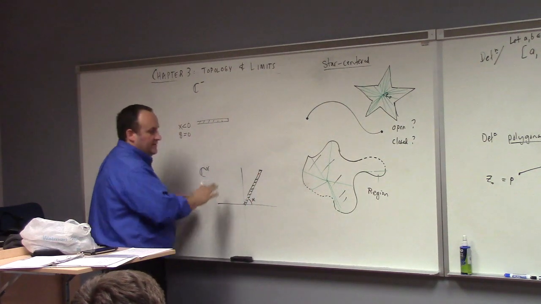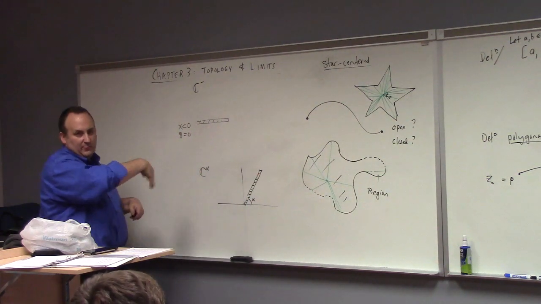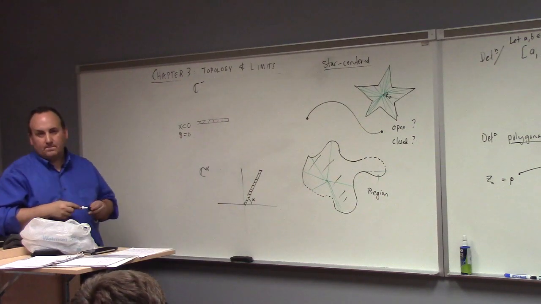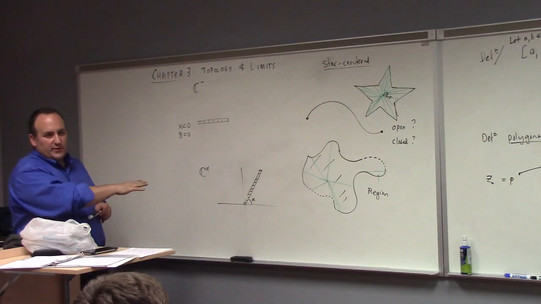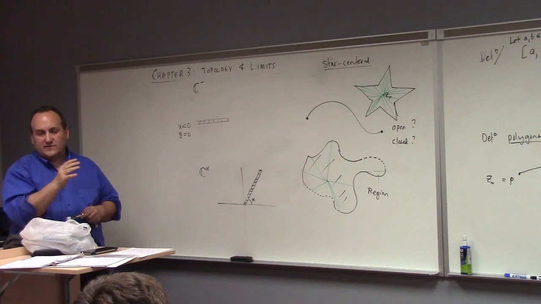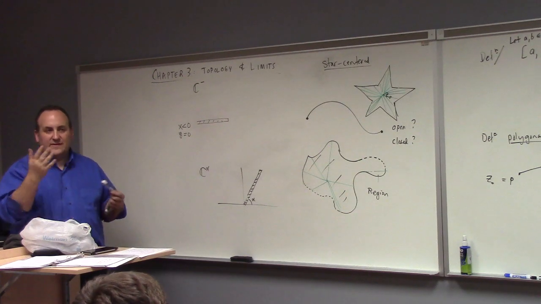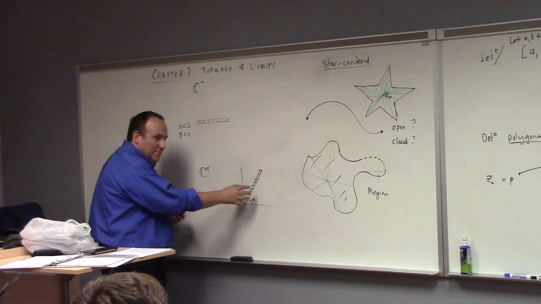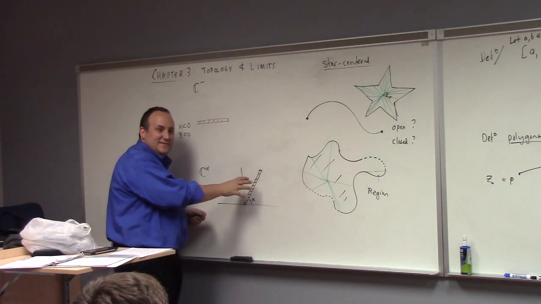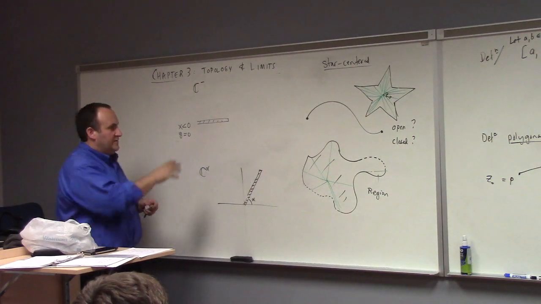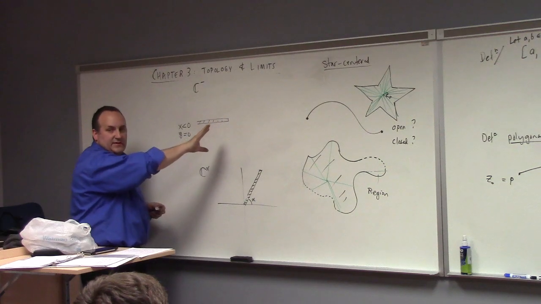So we could define a slit complex plane where we just throw out one angle, one ray. This is the kind of set we want to work on if we want to make our choice of angle continuous, if we don't want to let it have a jump. If you don't want to let the angle jump, remove the place where your argument jumps. Voila, continuous. So removing this makes the principal argument continuous.